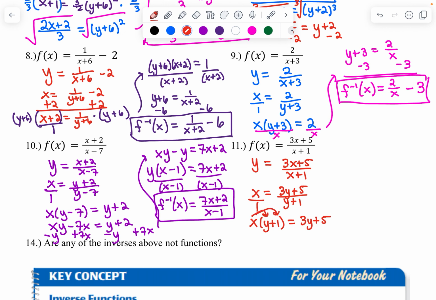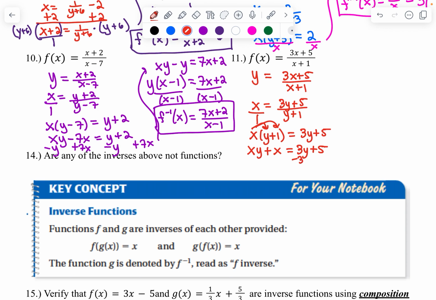We have to distribute here so that we can move terms around to get all of our y's on one side, x's on the other. So we'll subtract 3y, so we'll have xy minus 3y, and we'll move the x over here. So we'll have 5 minus x, or negative x plus 5, however you prefer.